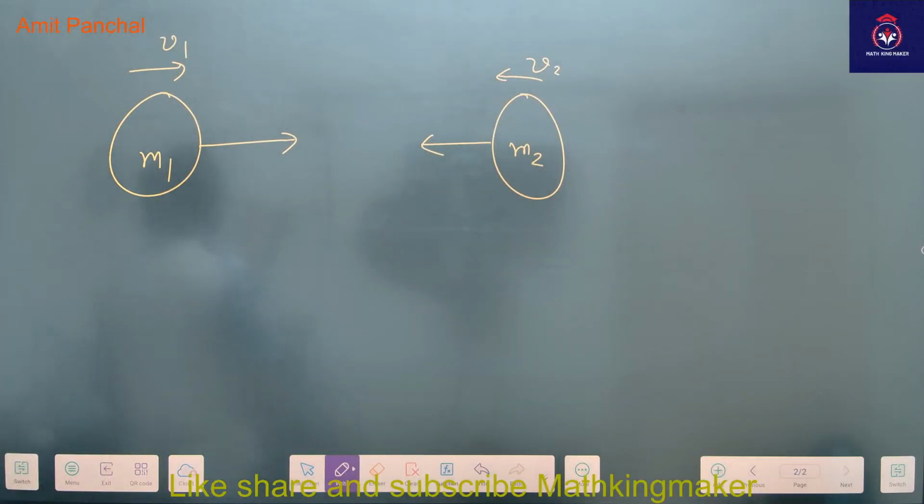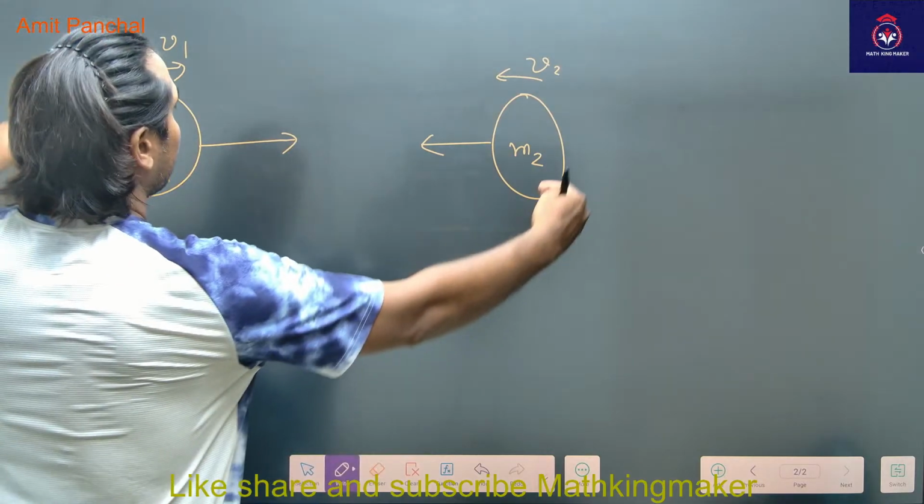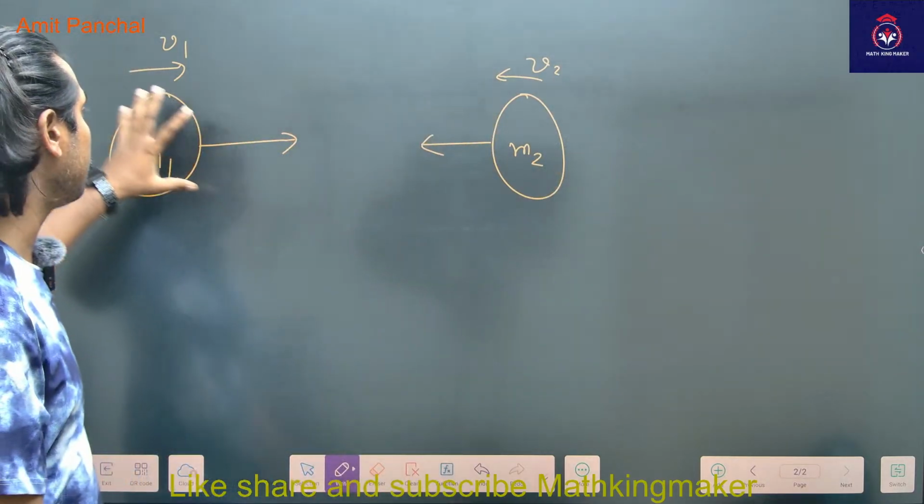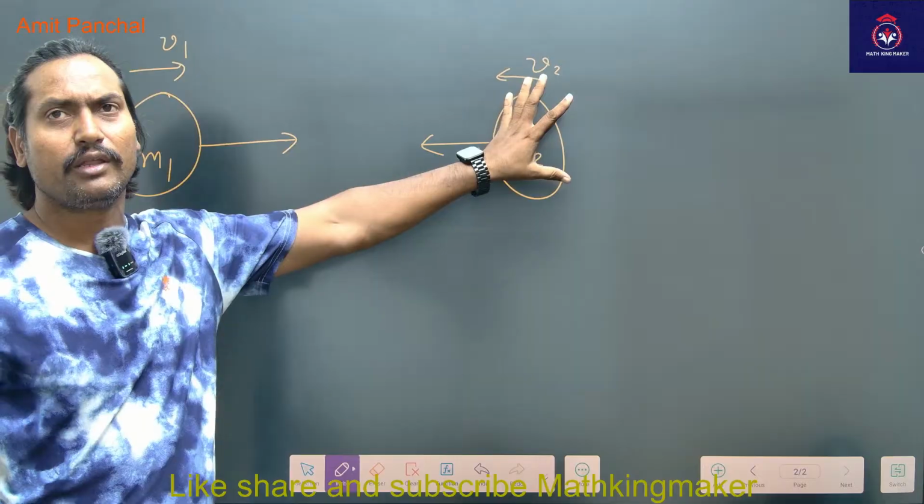In that scenario, what will happen? It depends upon the velocities and the masses of the objects. But their momenta are in opposite directions.